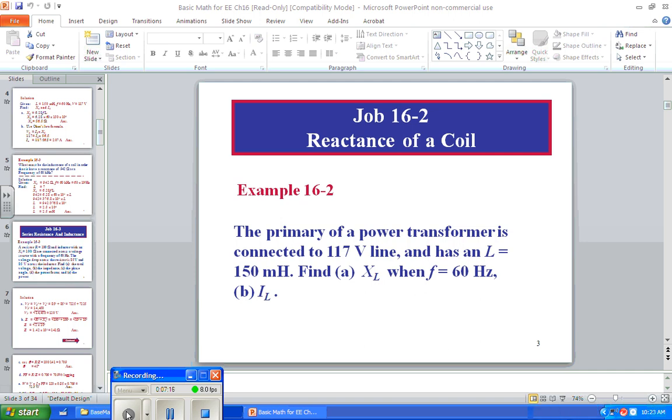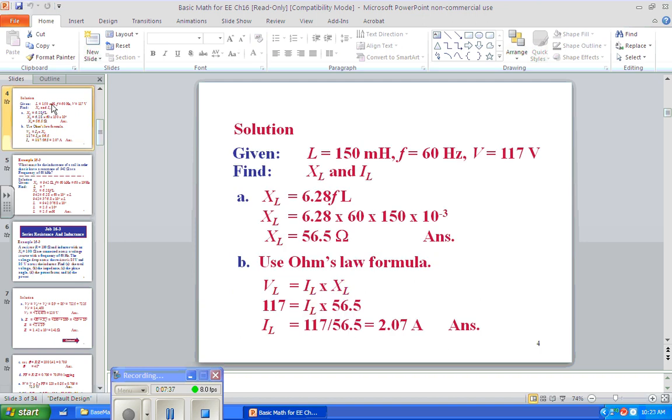X sub L is 377 times 0.15, because if we convert back to base units, 150 millihenries is 0.150, right? So 377 times 0.15 is, so our answer should be, what a shock, 56.5 ohms.